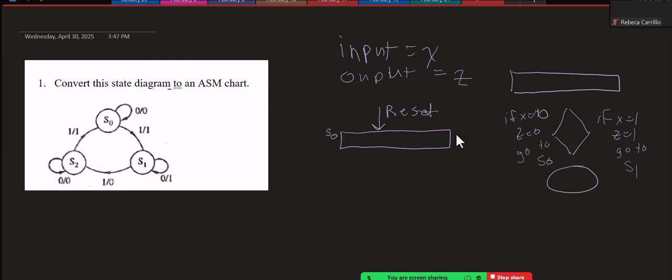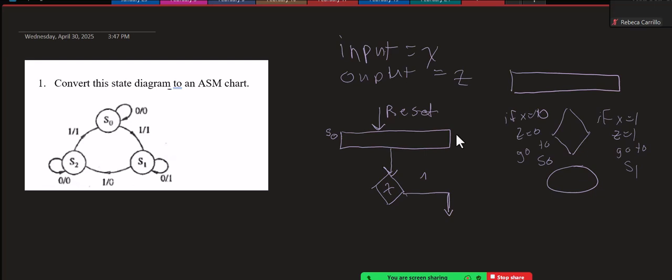And so I draw an arrow from here to my input. So my input looks like this. That's X. And I have two possibilities. I have 1.